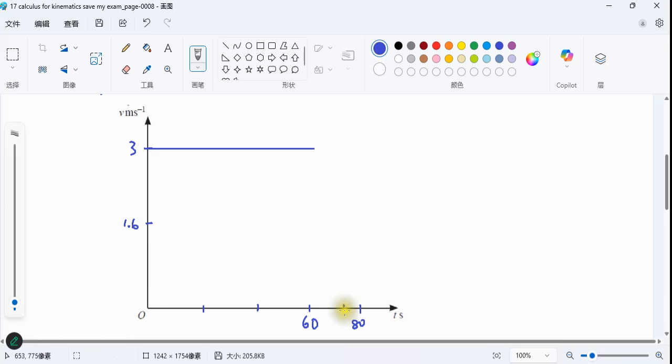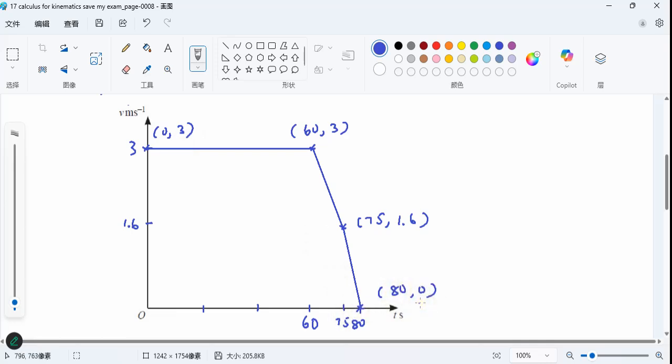And then we have the 75 here. So 75, 1.6. This is 60, 3. This is 80, 0.